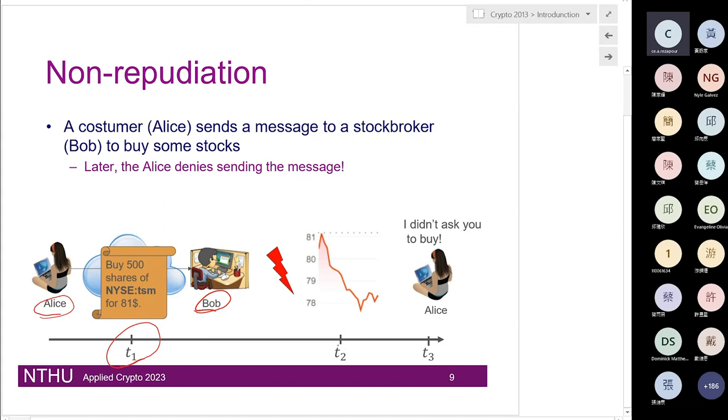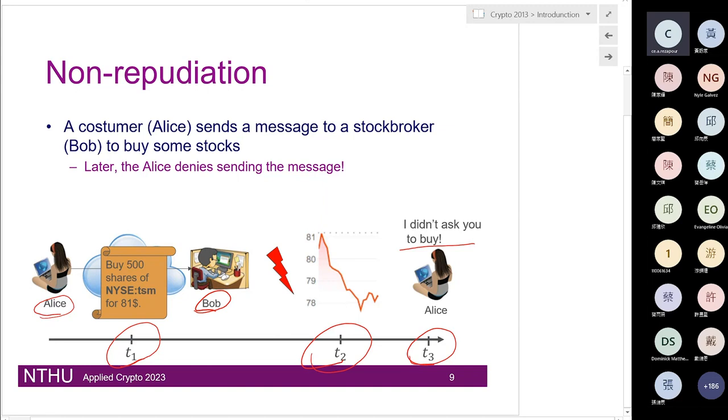And after some time, T2 happened, and Alice observed that the price of TSMC was going high, but now it just started to decline. And now that Alice has lost some money, she will go back to Bob at some time T3 and tell Bob that, well, I didn't ask you to buy this stock for me in the first place.